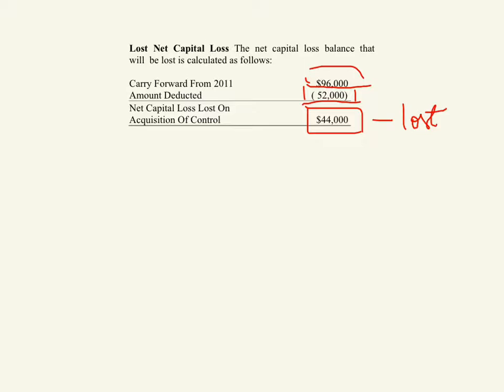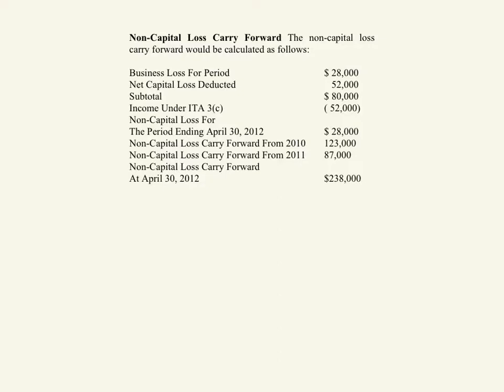Once we have found out how much we lose in terms of net capital loss, let's analyze the situation. We need to find out what the amount of non-capital loss carry forward is going to be, because we don't know yet. So we take the business loss for the period, which is provided in our small calculation. Then we add up the net capital loss deducted, and we get a subtotal of 80,000.